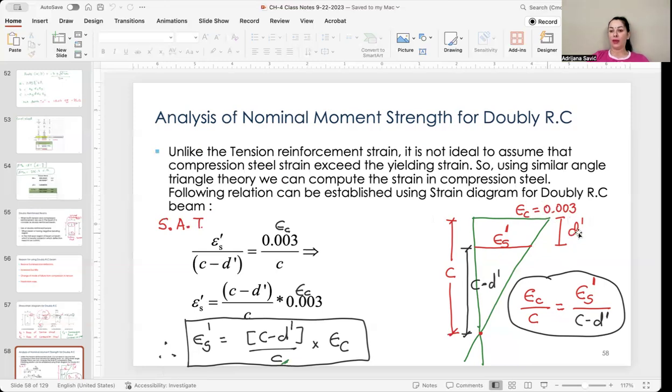D prime will be the concrete cover to the top fiber of the cross section, and we will have c as the depth or location of the neutral axis. So epsilon s prime, which belongs to steel in compression, will be (c minus d prime) over c times the strain in concrete.